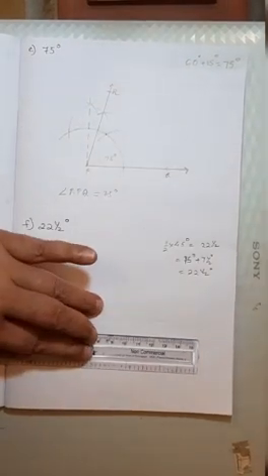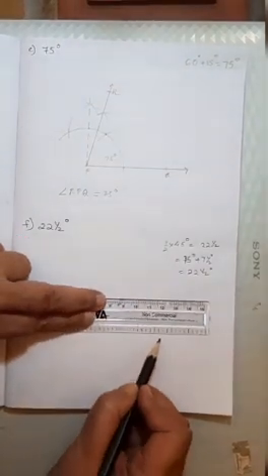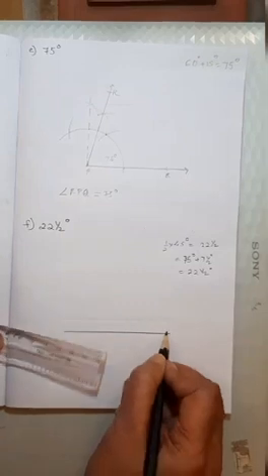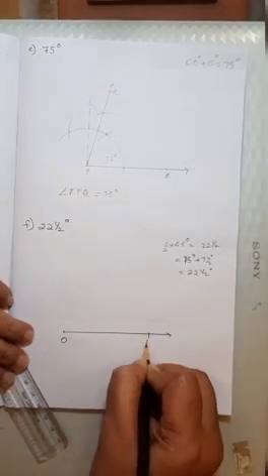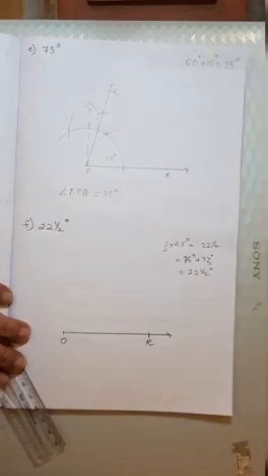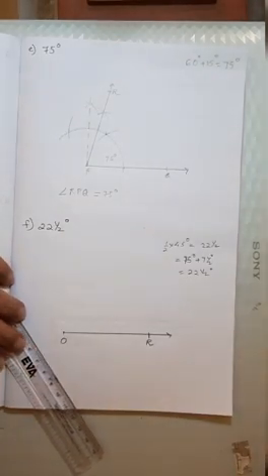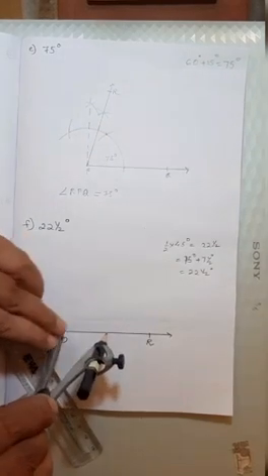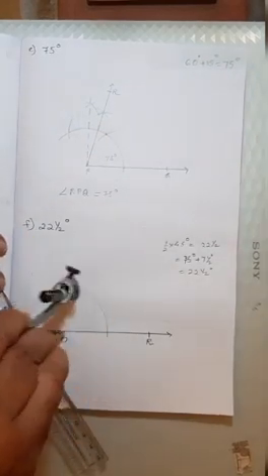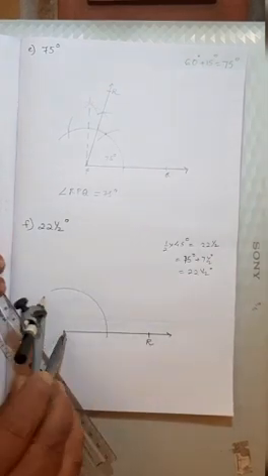So let's see how we draw it. Draw a ray. Then we draw with any radius an arc.